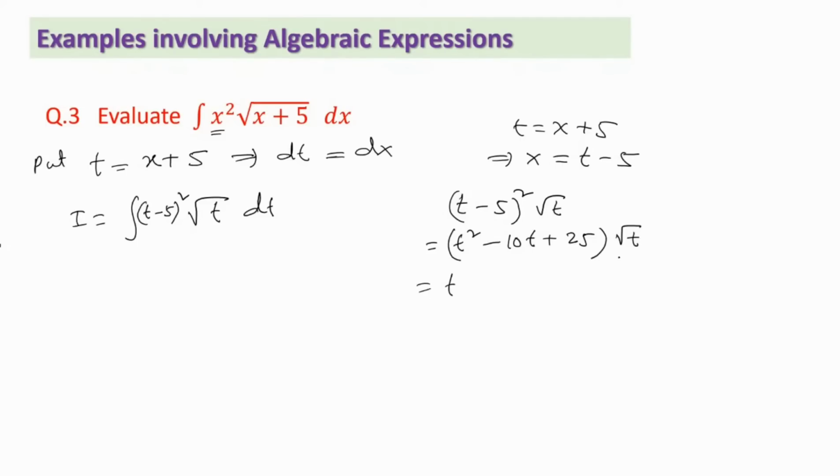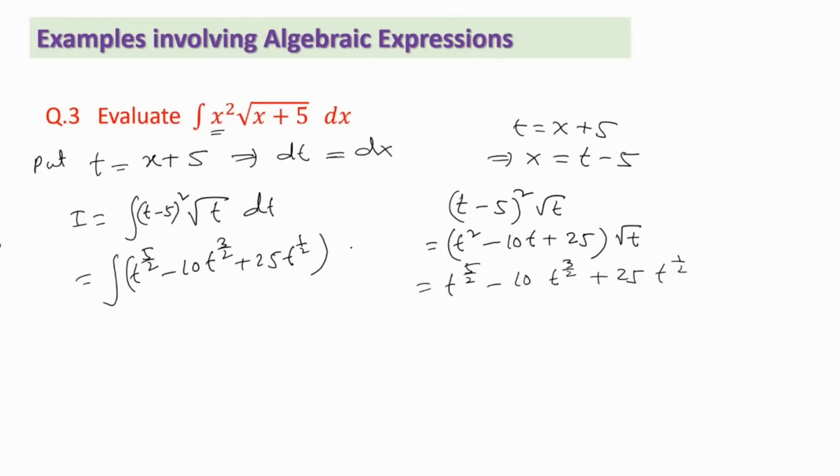So this is equal to t to the power 5 over 2 minus 10 t to the power 3 over 2 plus 25 t to the power half, dt.